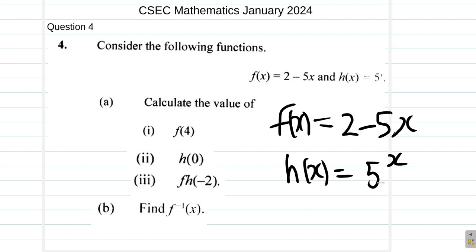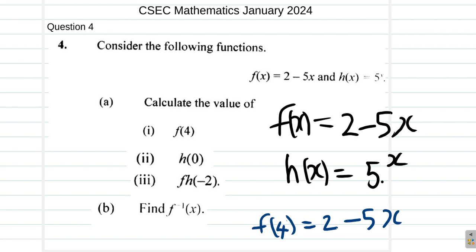Okay, so you paused the video and you worked it out. So, let's see how this will go. What we have here for part A is f of 4. Remember now, you have f of x being equal to 2 minus 5x. But you want f of 4 instead of f of x. So you remove x and put 4.